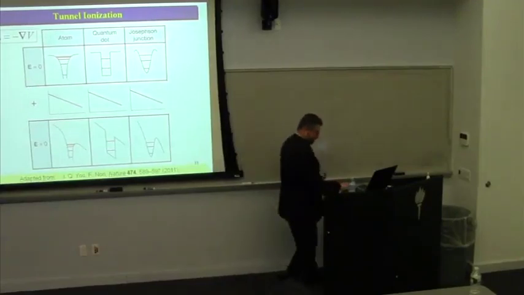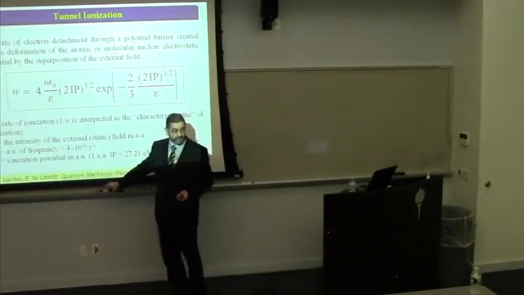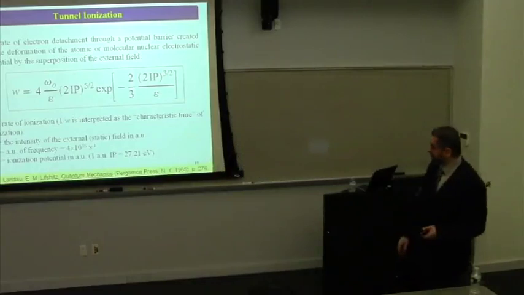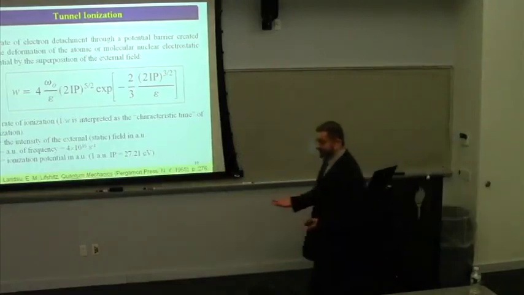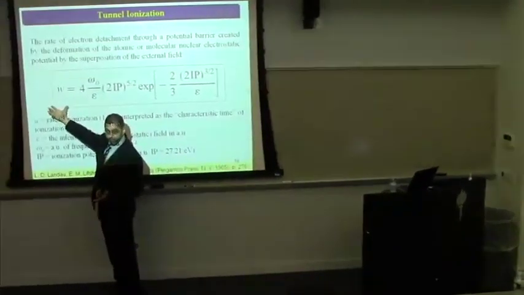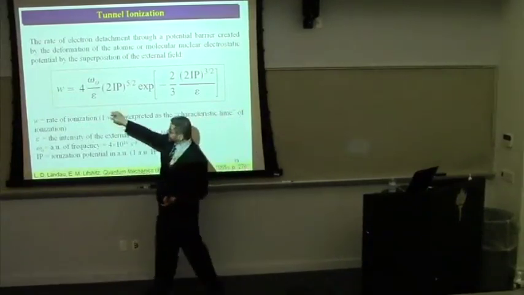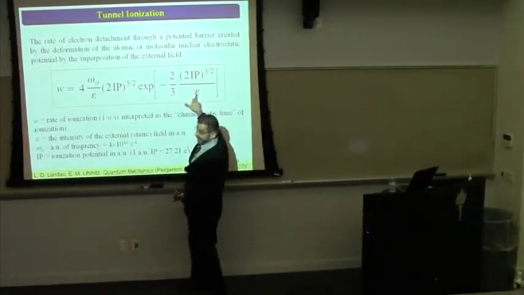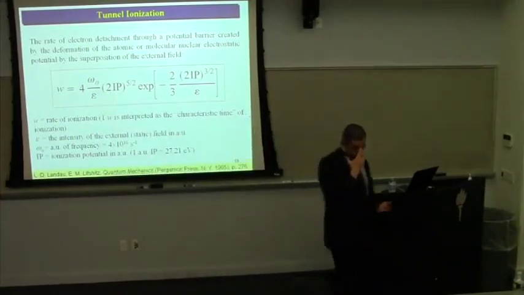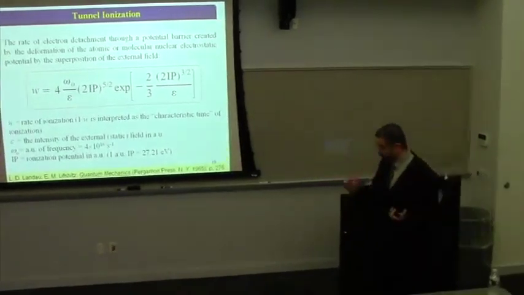So there is the famous equation for tunneling ionization that you can find in Landau and Lifshitz or any standard book, whereby the rate of tunneling ionization, given by this W, or omega, is basically dependent on two things. This field strength, which appears in the exponential here downstairs, and the ionization potential of the molecule. These are the two variables. And this is an approximation, but it works very well in a lot of cases.